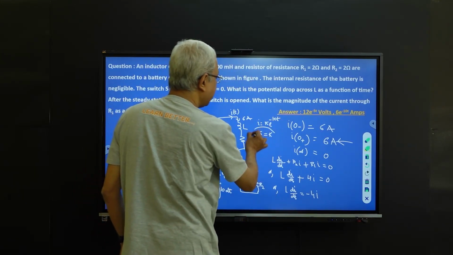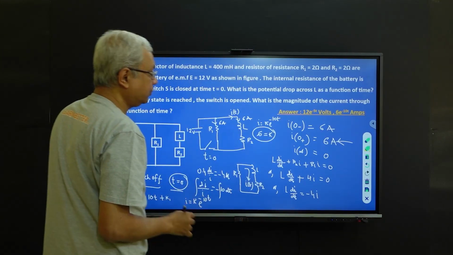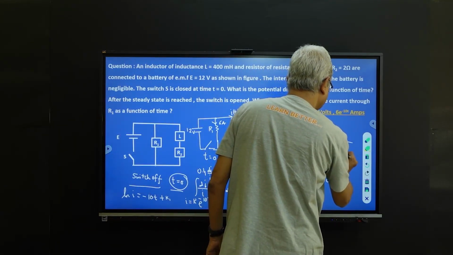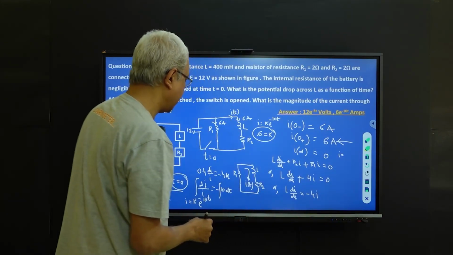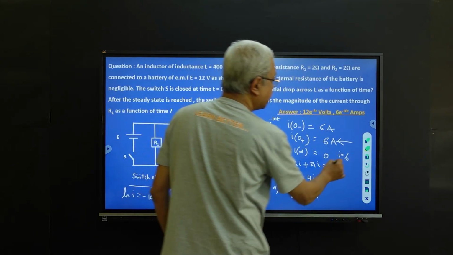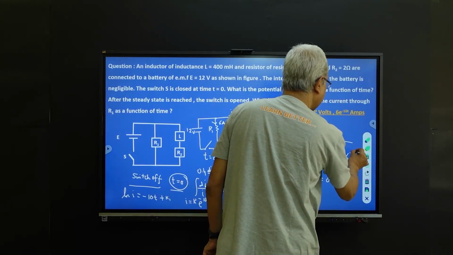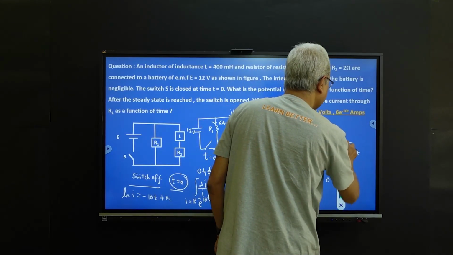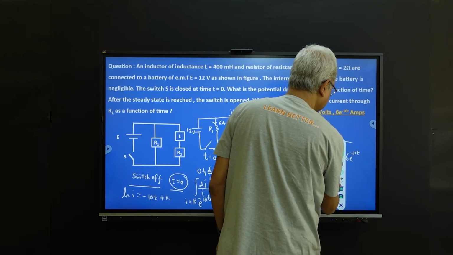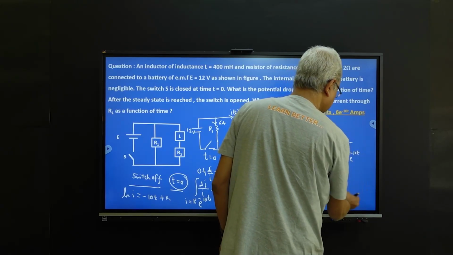So I get K equal to 6. Therefore, I get I as 6 e to the power minus 10t.